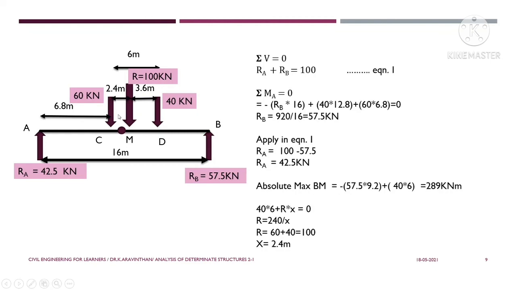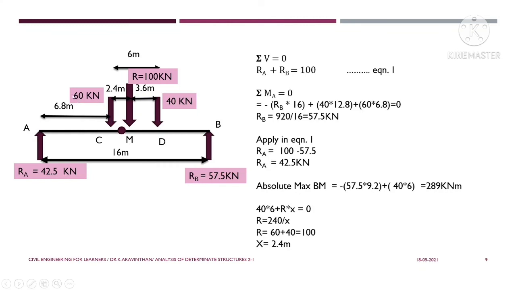You have to split it into equal distances. 2.4 by 2 is 1.2, so this distance will be 1.2 and the other distance will be 1.2. You have to locate the load so that the midpoint is at the center between them. So the load is placed to find the absolute maximum bending moment.